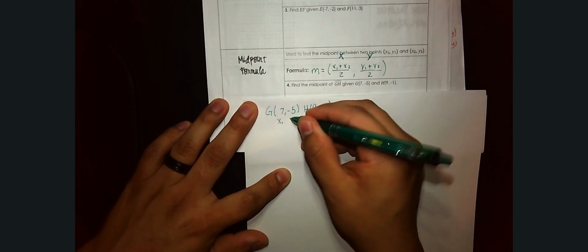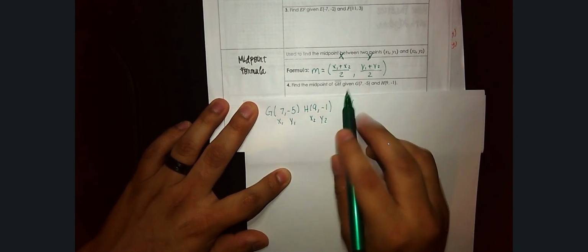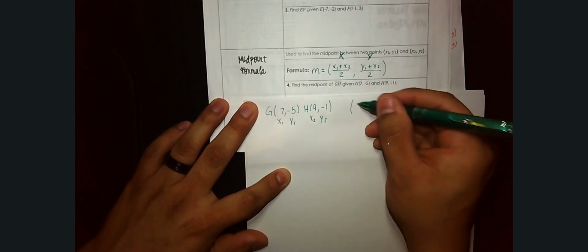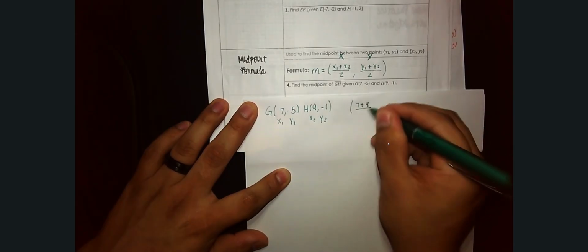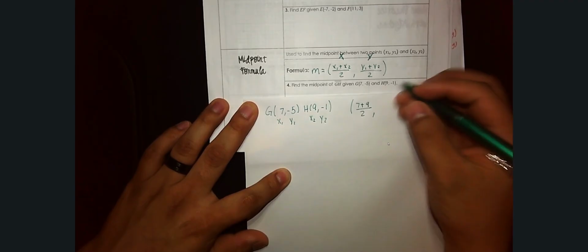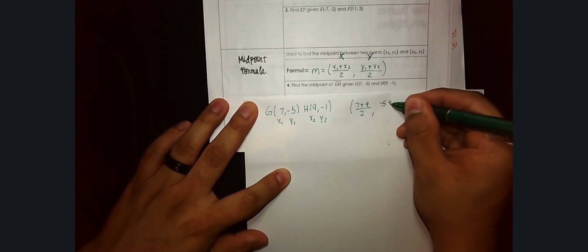I can write this as x1, y1, x2, y2. So x1, which is 7, plus x2, which is 9, divided by 2. Then y1, which is -5, plus y2, which is -1, divided by 2.